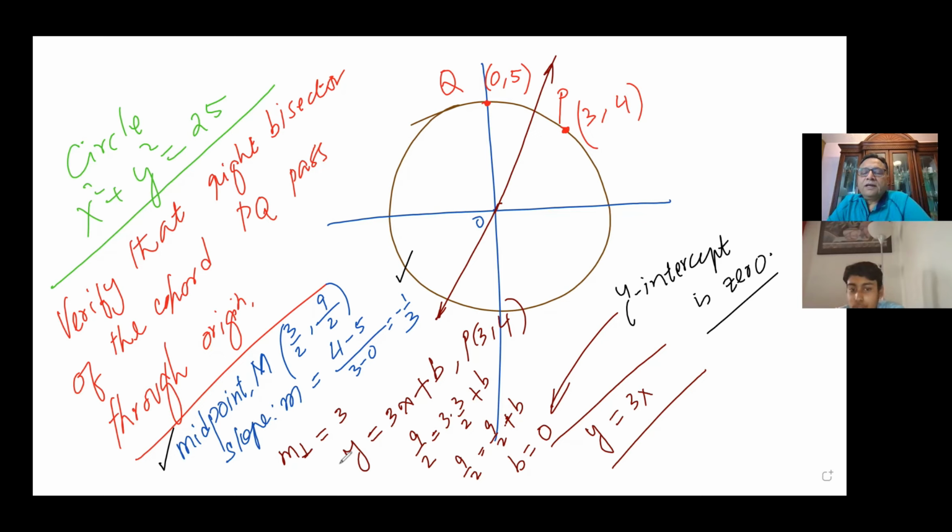The equation will be y equals 3x plus b. And with y equals 3x plus b, substituting 3/2 and 9/2 as your points, you found that b is 0. And therefore, the equation is y equals 3x. So this line goes through the origin, and therefore we have verified that the right bisector of the chord will go through the center of the circle. In this case, the center is at the origin. Is that clear? Yes, sir.